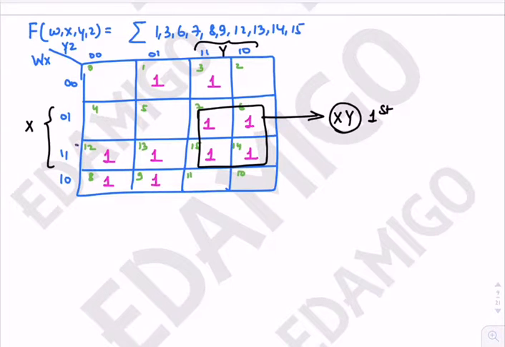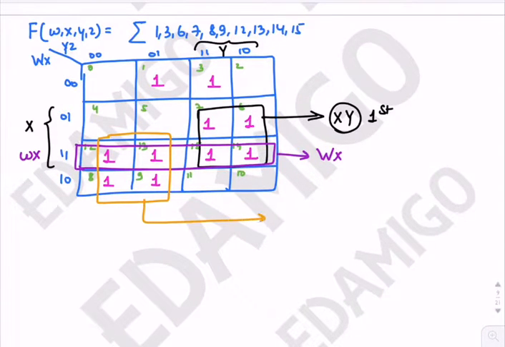Okay, and this is the second one. So here we have w x. This is the third one. Here y bar is not changing and w is not changing, so we have w y bar.